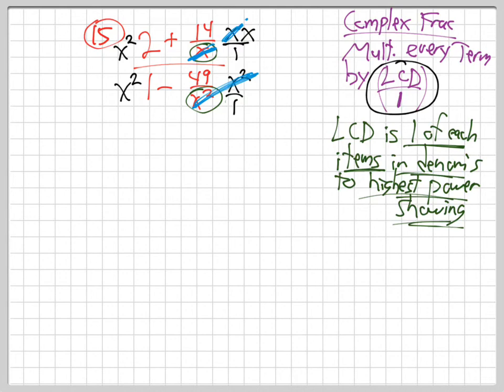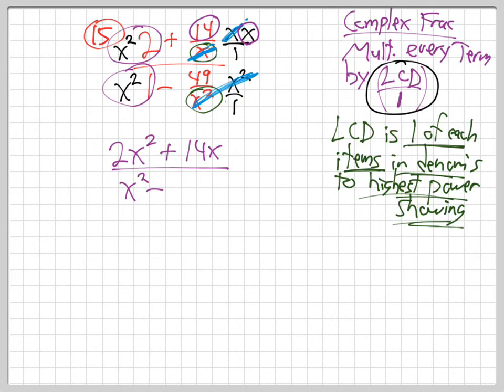So what are we left with now? Now we have 2x squared right here plus, what do we have here? 14x over x squared times 1. And what's left here? Just the 49.